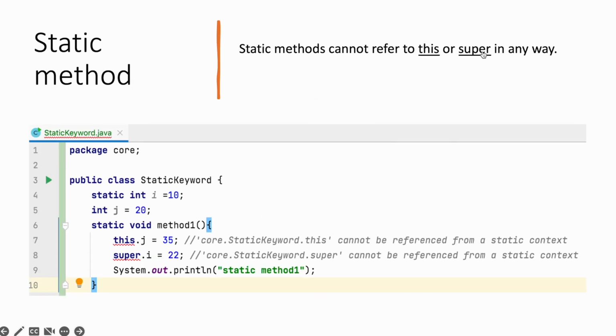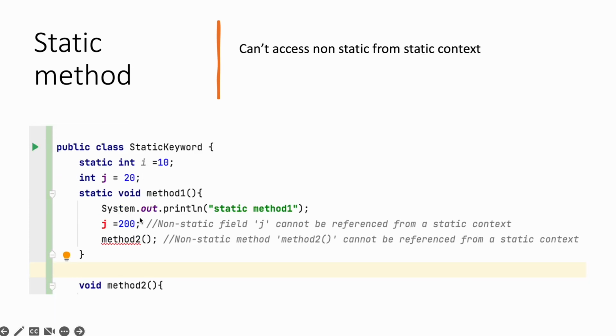This and super keywords cannot be used inside static members like static blocks or static methods. If you use the this or super keyword inside a static context, you will get the error that this or super cannot be referred from a static context. Static members cannot access non-static members.